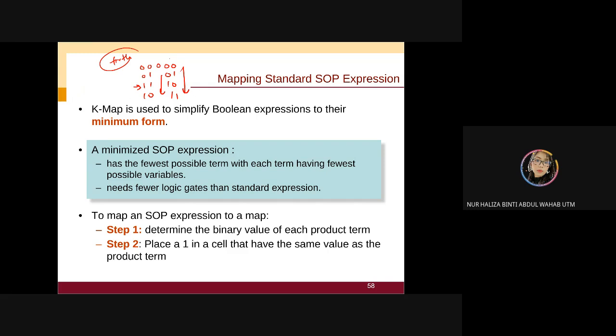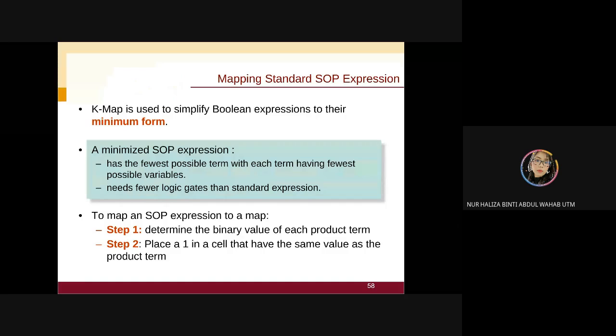Let's say you have 2 inputs, you're going to have 0 until 3. So for K-map, you need to follow the K-map rules, which is 00, 01 and then 11, 10.